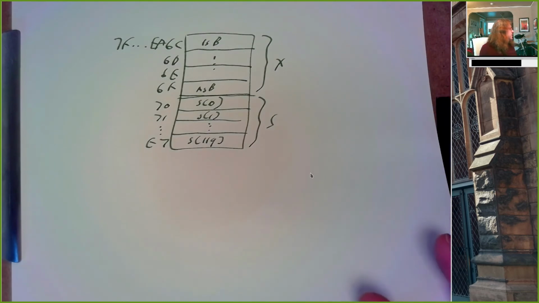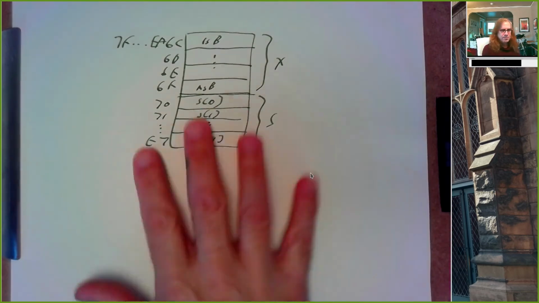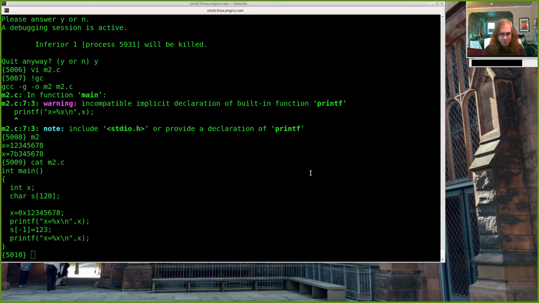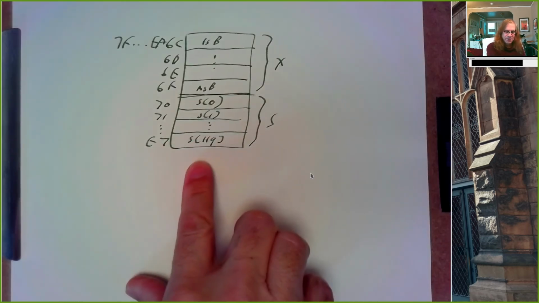All right, so that's how arrays get laid out. There's a fundamental issue here, though, which is if everything is just locations in memory and bit strings, how do we know in our code that this array S has only 120 characters?